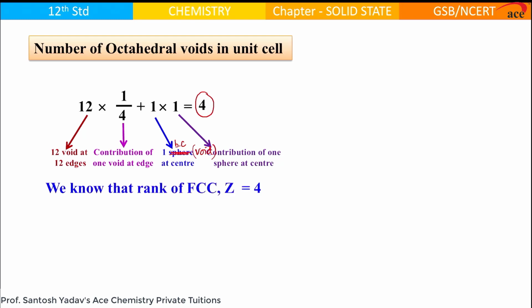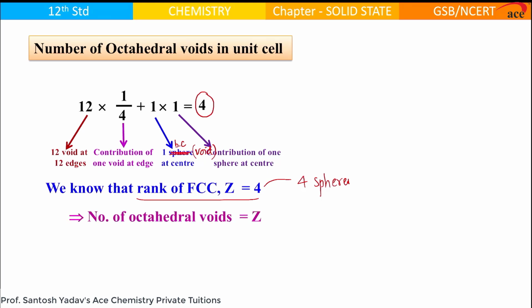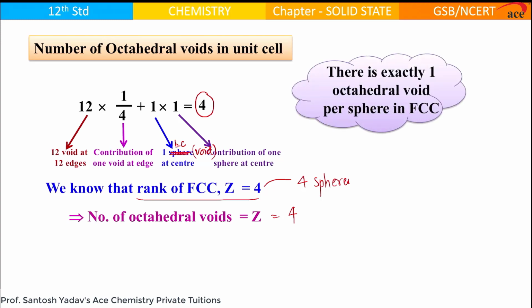If you calculate rank of FCC, it is 4, that means it is made up of 4 spheres. And how many octahedral voids have we calculated just now? The number of octahedral voids is also 4. So, how many octahedral voids are present per sphere? There is 1 octahedral void per sphere.